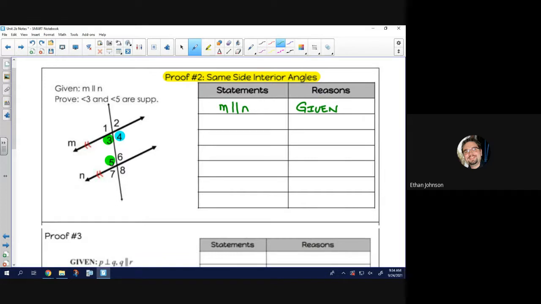So let's deal with angle 3 and angle 4 first. I know they're a linear pair. They're right next to each other. So I will say angle 3 and angle 4 are supplementary. I know they're supplementary because they're a linear pair.